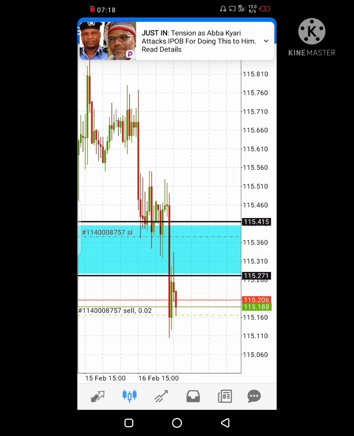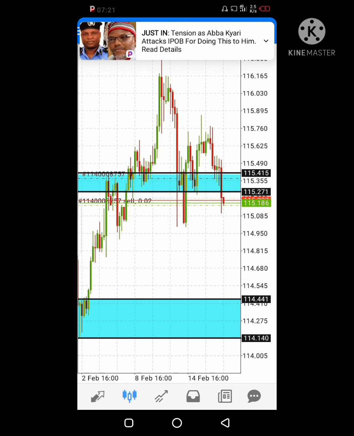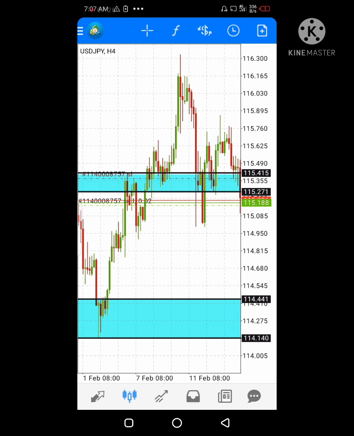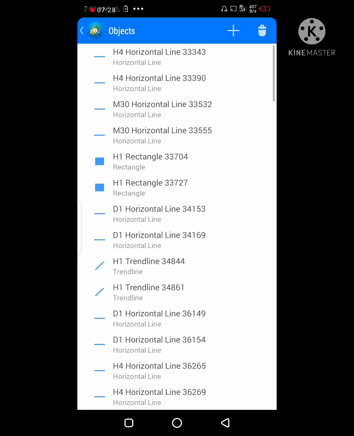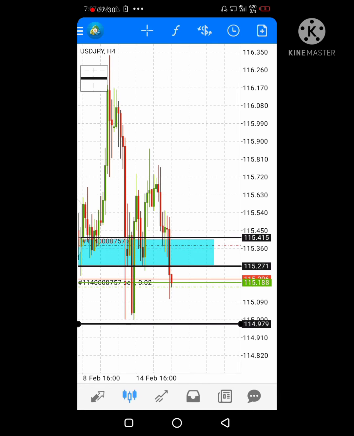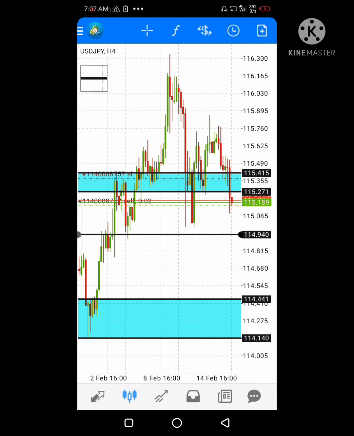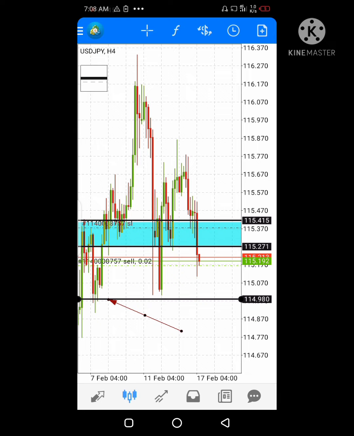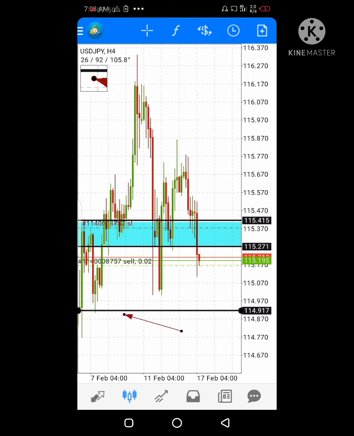And I'll take profit. You already know the first take profit. Since this zone is still fresh, we're going to put our first take profit here. Okay, this zone is not fresh because price has touched it before. But our first take profit will be this region. Price has touched it before, but our first take profit will be here.